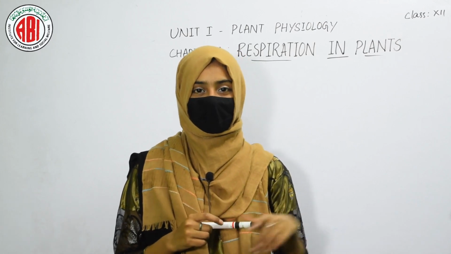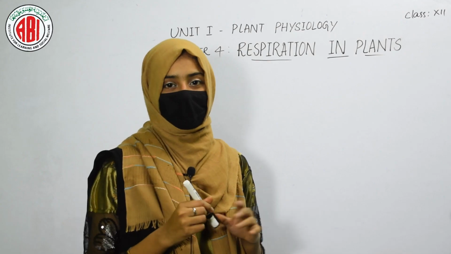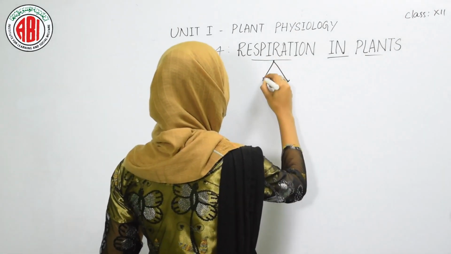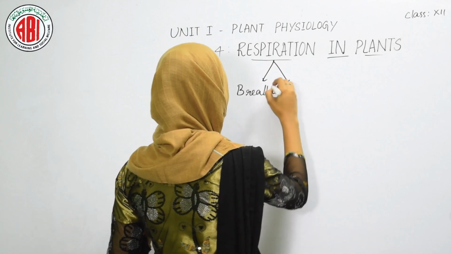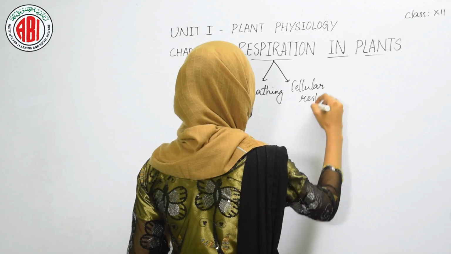In today's class, let us start one new chapter, and the name of our chapter is Respiration in Plants. Respiration is a process in which two processes take place: breathing, and cellular respiration.